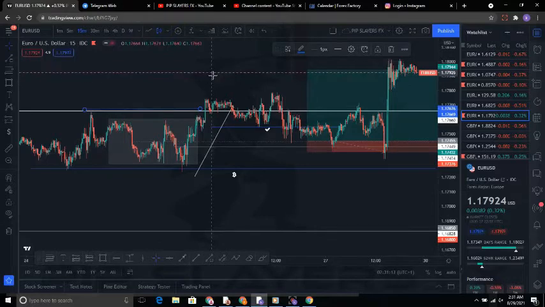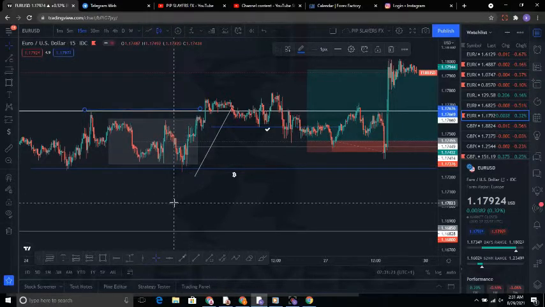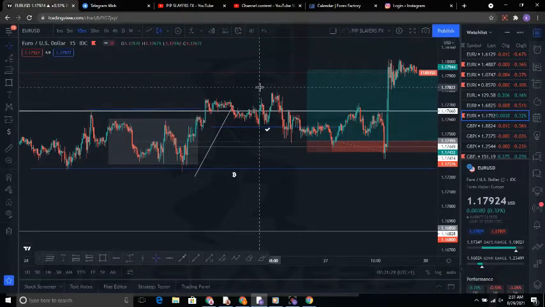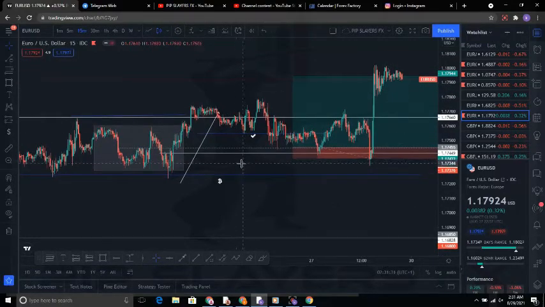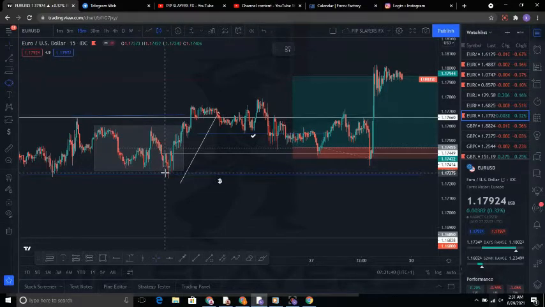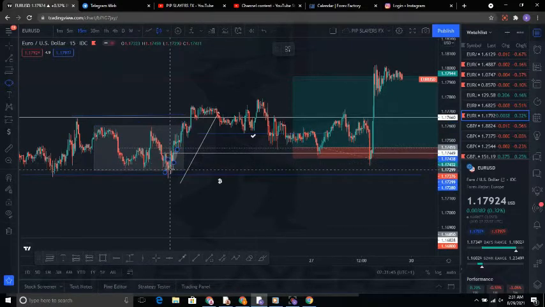As I said, we'll wait for a retracement into another block, a breaker block, a fair value gap, a mitigation block. I anticipated a move into this other block right here.